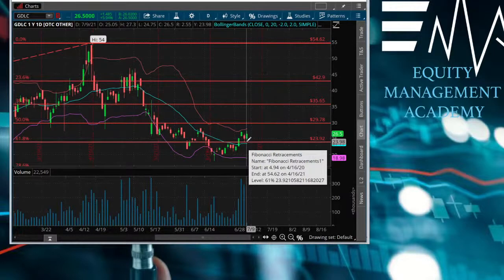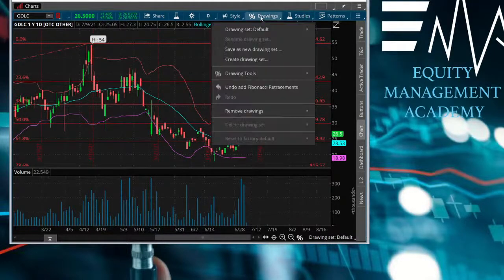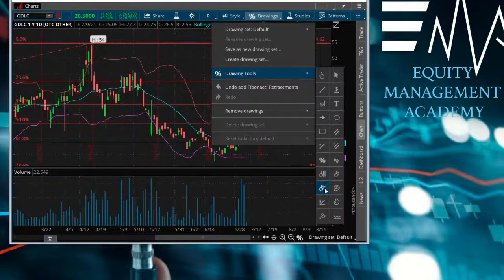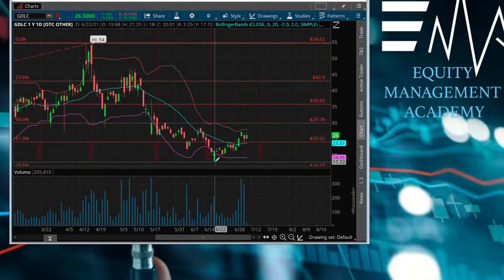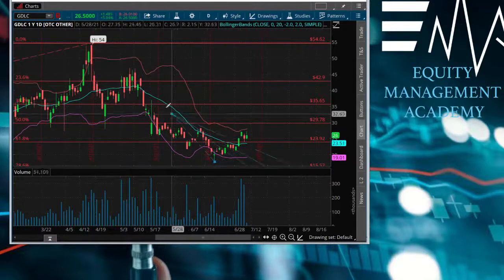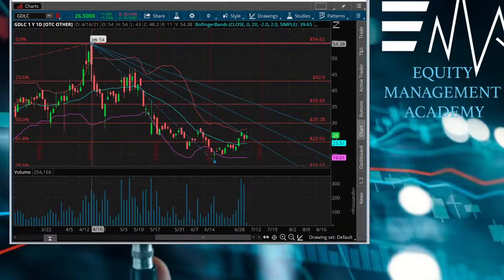I wanted to take a look at a deeper form of analysis on this, and I want to include, let's say, the Fibonacci fan lines. Then I would take the low that was made recently to the recent high since April.